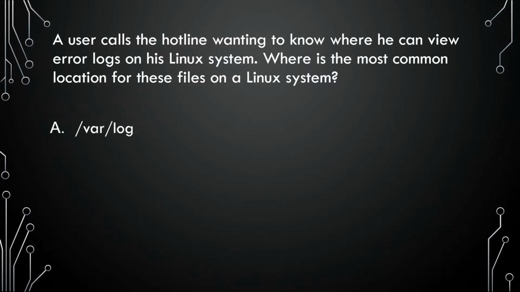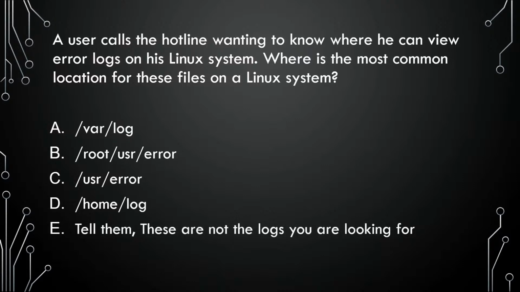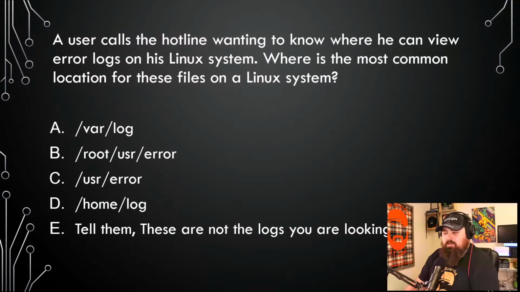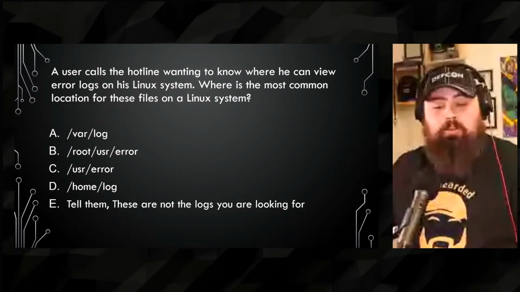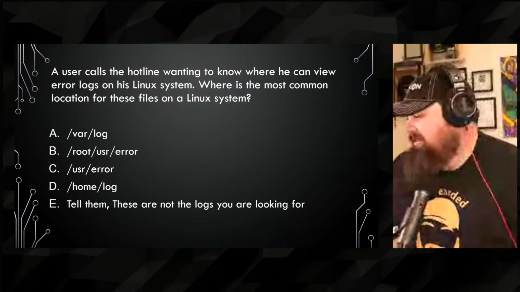Is it A, /var/logs, B, /root user error, C, user error, D, home log, or tell them these are not the logs you are looking for? What do you guys think is the correct answer? A, B, C, or D? I'm definitely going with these are not the logs you are looking for. Let me know in the chat.